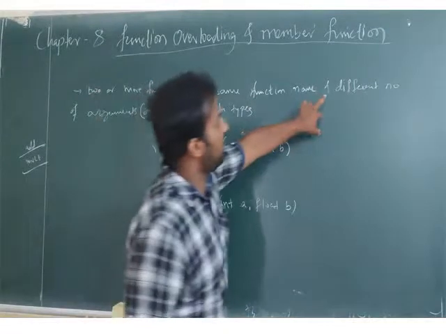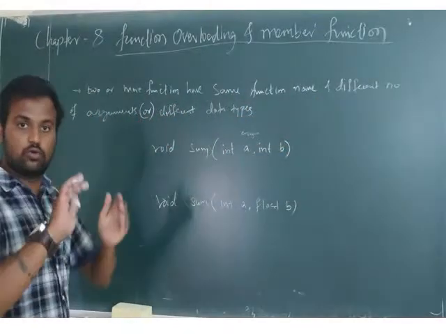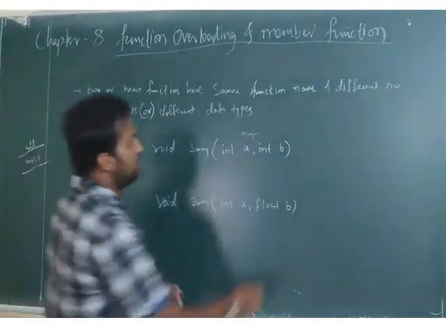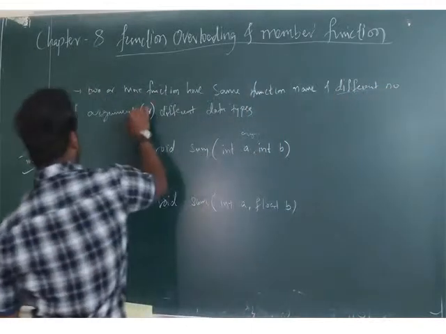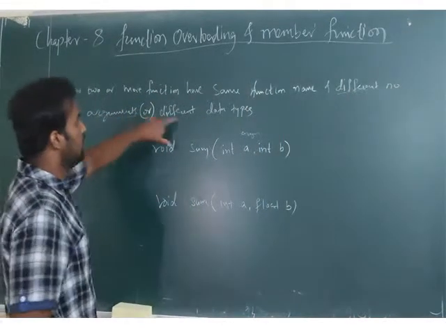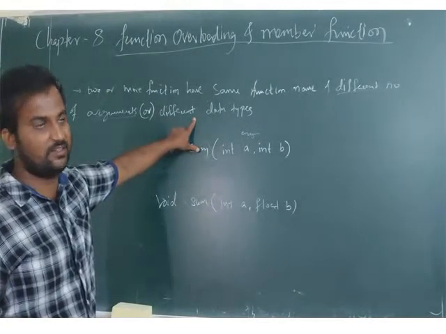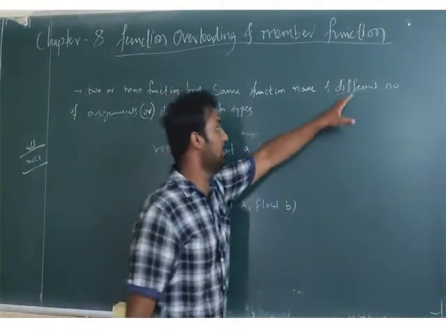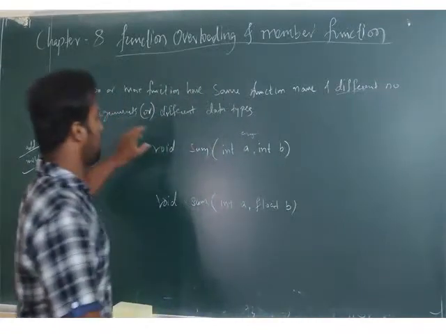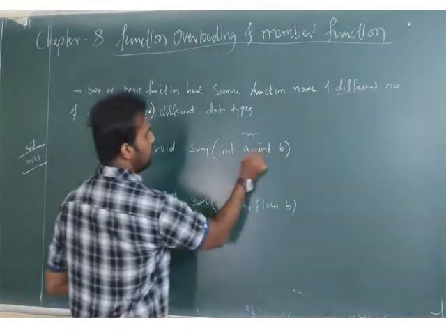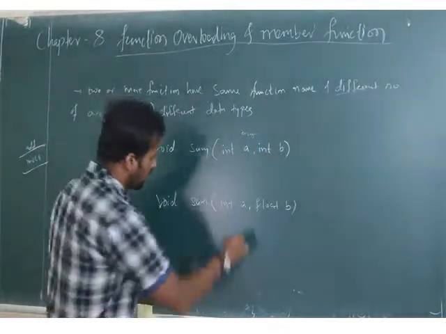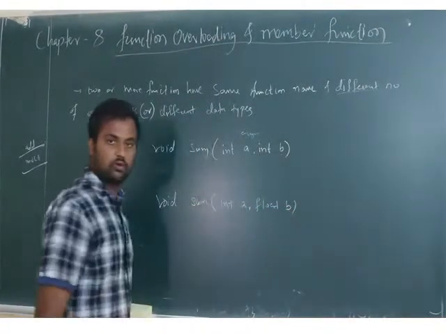See, 'and' or 'or', two different things. If this is not happening, then at least this should happen. Here how many arguments? 2 arguments. Here how many arguments? 2 arguments. Right?